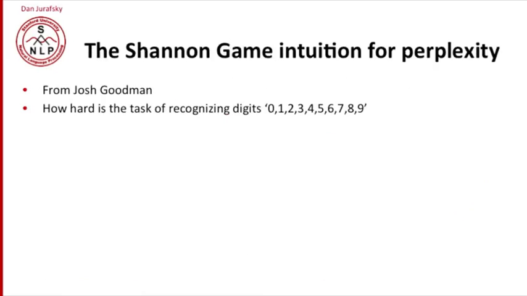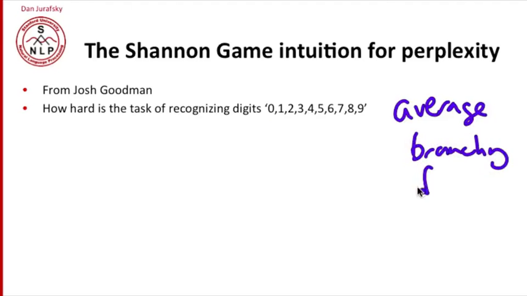There's another intuition for perplexity, also based on Shannon, and this example comes from Josh Goodman. This second intuition relies on the idea that perplexity is related to the average branching factor. Perplexity at any point in a sentence is, on average, how many things could occur next.